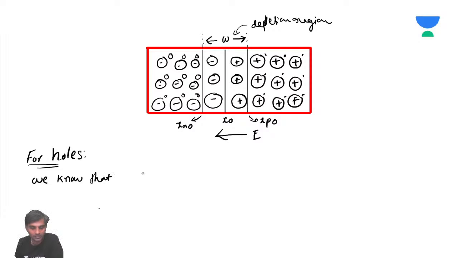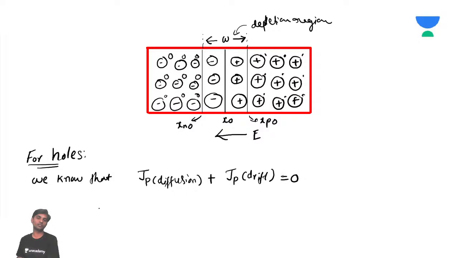So we know that J_p diffusion plus J_p drift is going to be 0. So what is diffusion, sir?